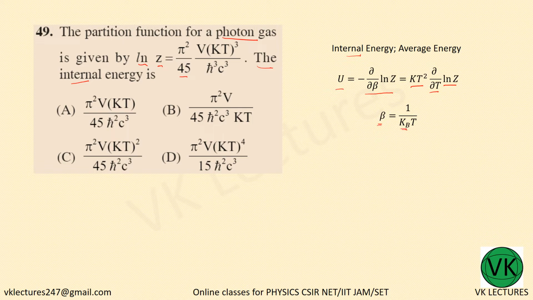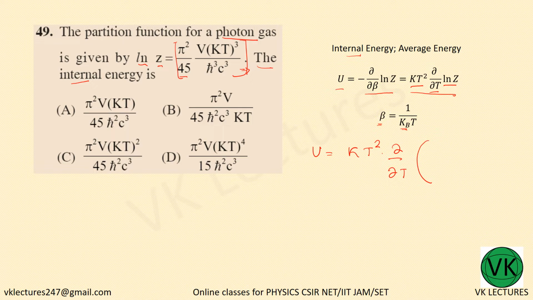Here it is given in terms of T. Our function log z depends on T, so we can take the second equation: U equal to kT squared into dou by dou T of log z.